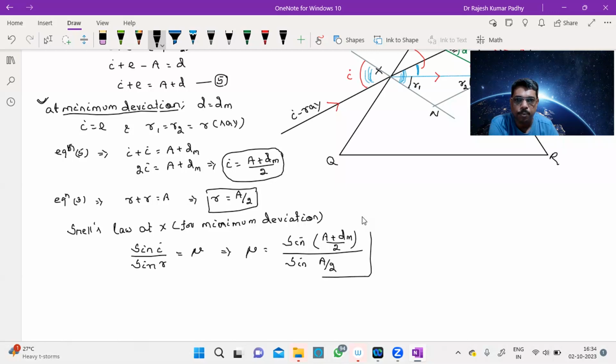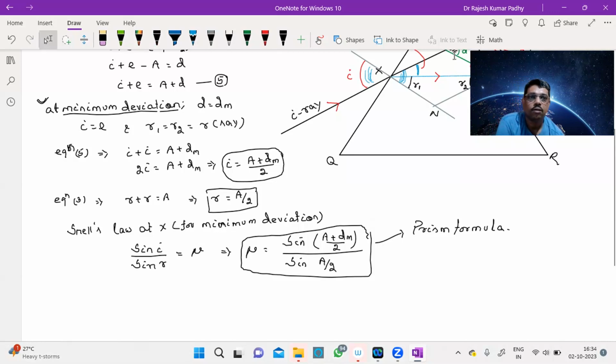Now this is popularly known as the Prism formula. This is one of the important derivations that you have to write. If it is asked what is the Prism formula, or to derive the Prism formula, you can write up to this.